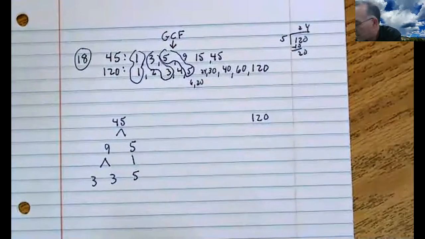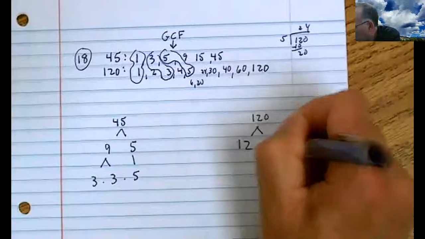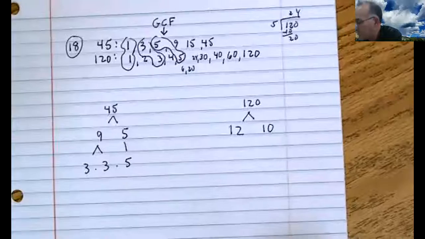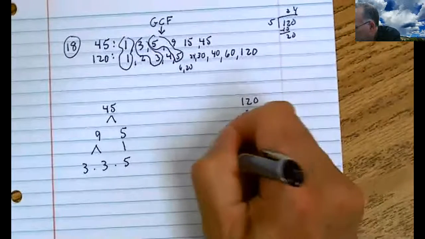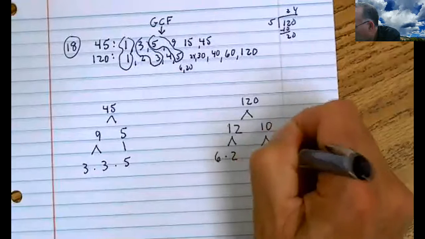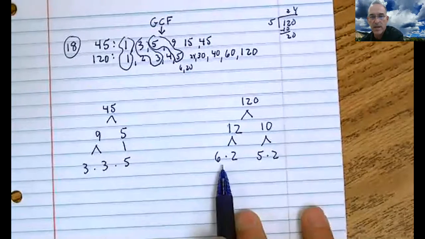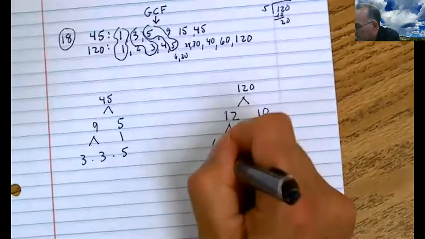Do you see your tree there? Let's do this one. 12 times 10. 6 times 2. 5 times 2. These are already prime numbers, but not that one right there.